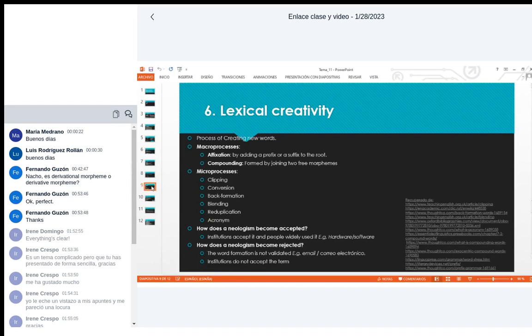In English, there's no RAE as such, but rather it's accepted by the way people use it and it becomes very common. And so they are validated, for example, when institutions start to accept them. So when the words are already accepted by any public institution, then the word is validated.